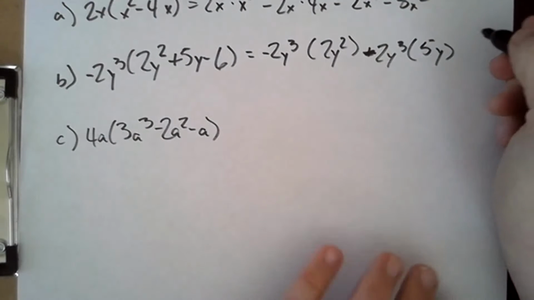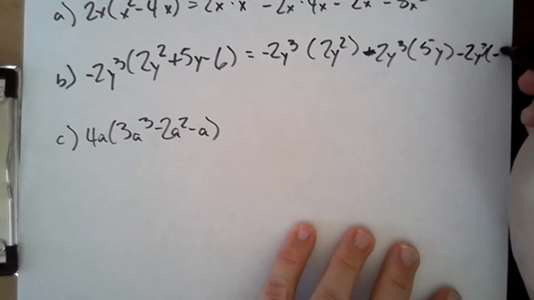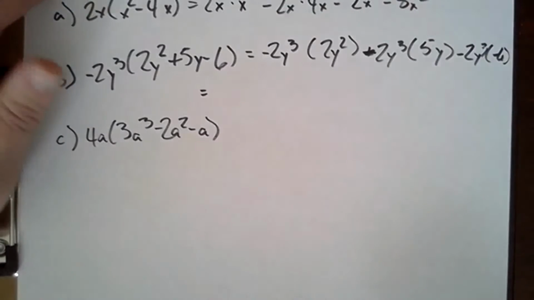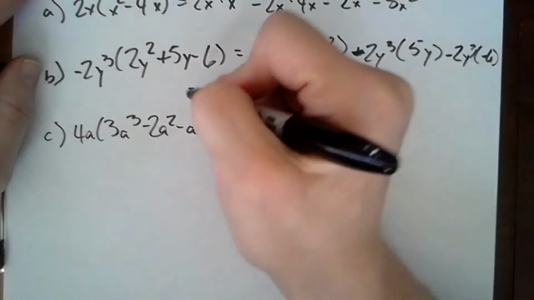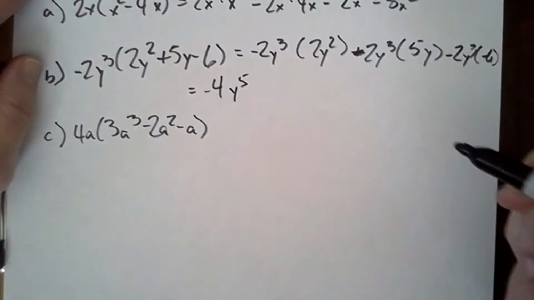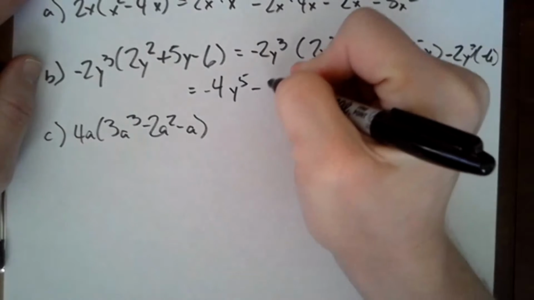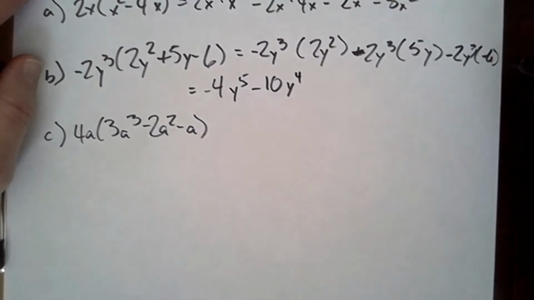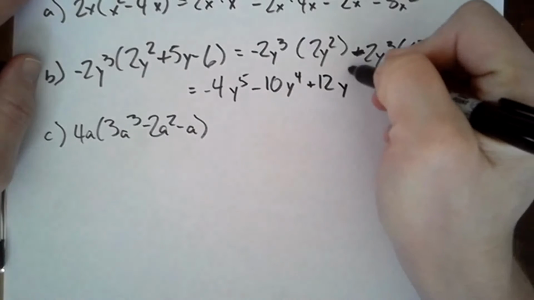Minus 2y cubed times negative 6. And then we do multiplication of each of the terms again. So we get negative 4y to the 5th minus 10y to the fourth plus 12y cubed.